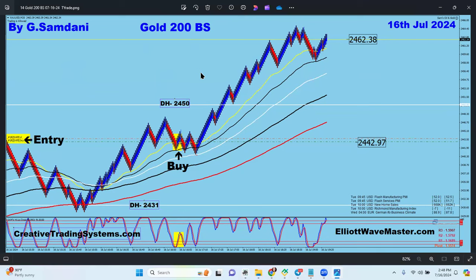Now, depending on your style, if you want to trade a longer time frame, then I suggest you use the 40-minute chart for entry. The 40-minute chart means 400 box size, right? If not, then 200 is the best one, which is in the middle.